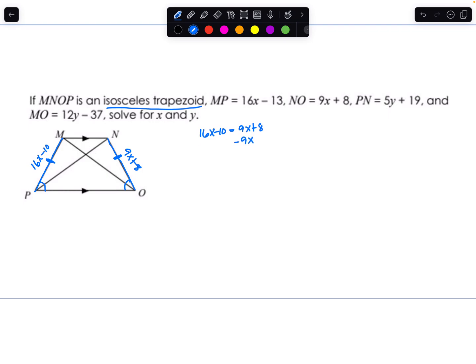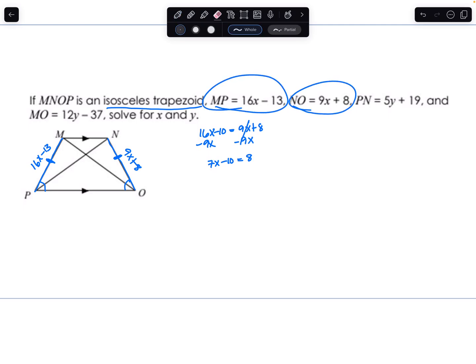Move 9x to the other side. 16 minus 9 is 7x minus 10. I actually wrote this number wrong. I just realized that instead of a 10, it's supposed to be a 13 from here.